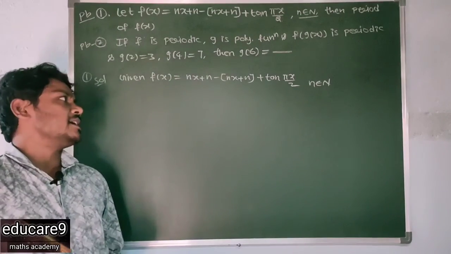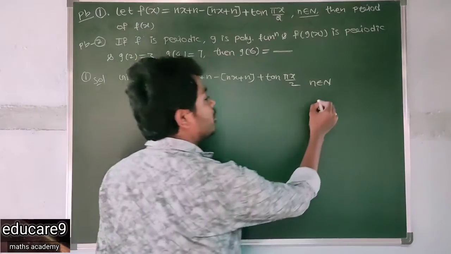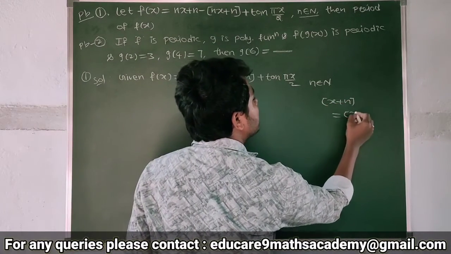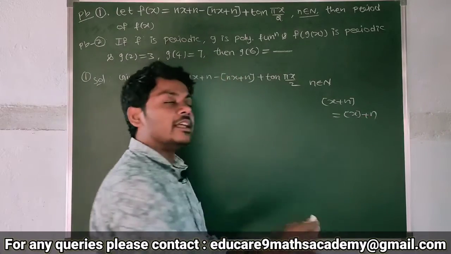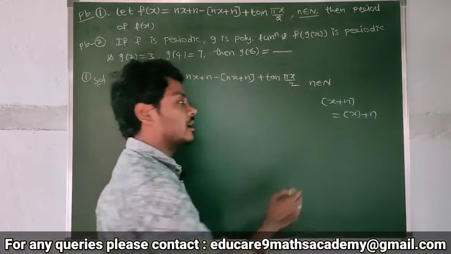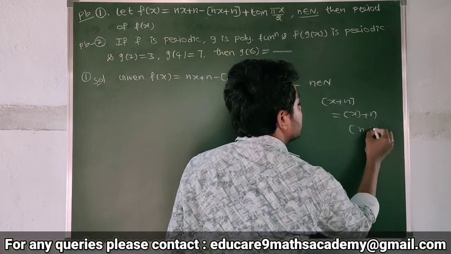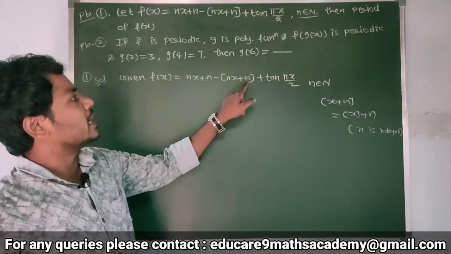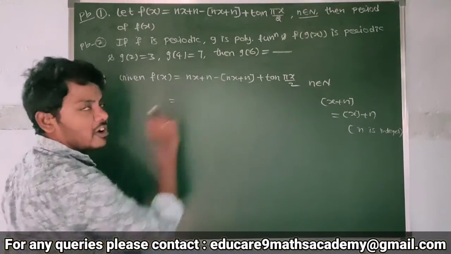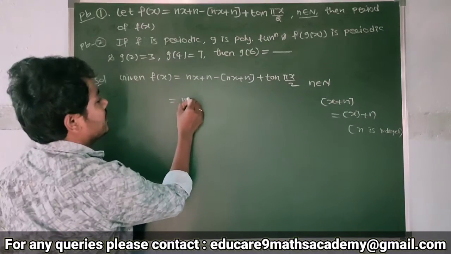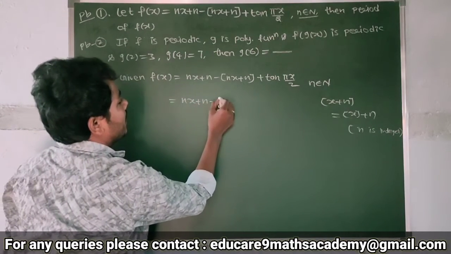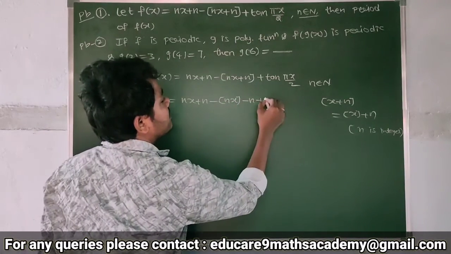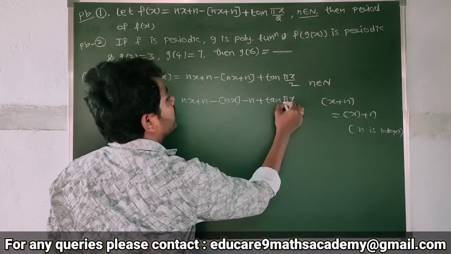So one property is there in step function: step of x plus n is equal to step x plus n, if n is an integer. So clearly here n belongs to natural number. Therefore this can be written as nx plus n minus step nx minus n plus tan pi x by 2.